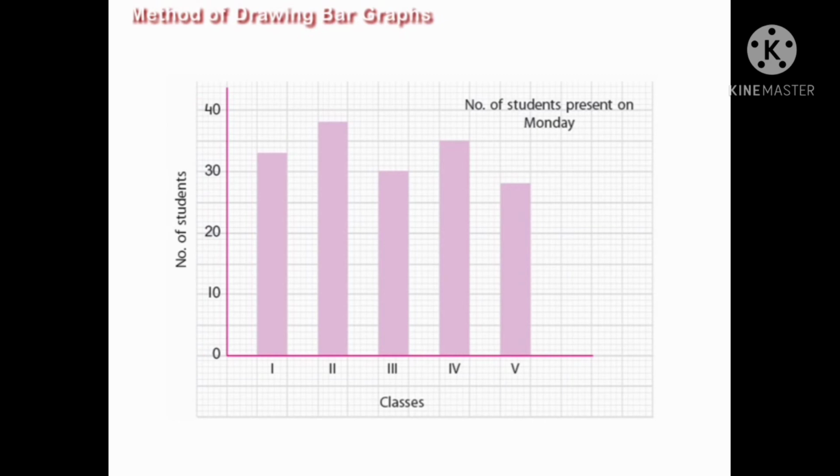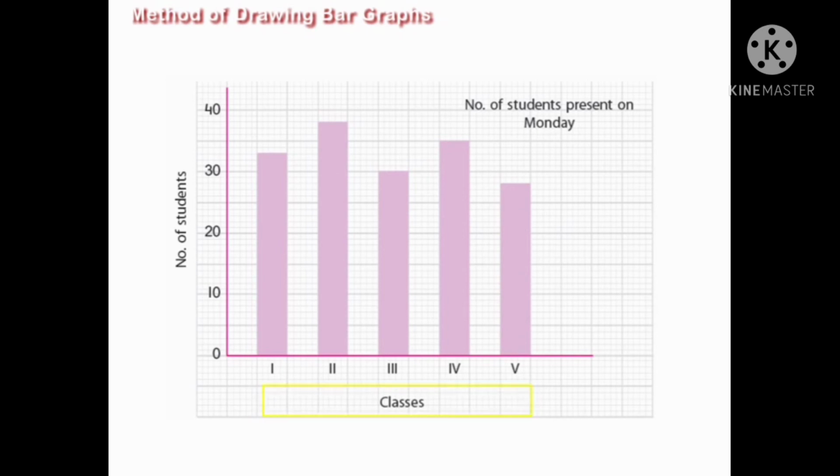Here, as the number of students are more, we can take the scale as 1 unit is equal to 10 students. So, on the vertical axis, we can mark numbers from 0, 10, 20, 30, 40, etc. Also, in the horizontal axis, we can represent the classes 1, 2, 3, 4 and 5.